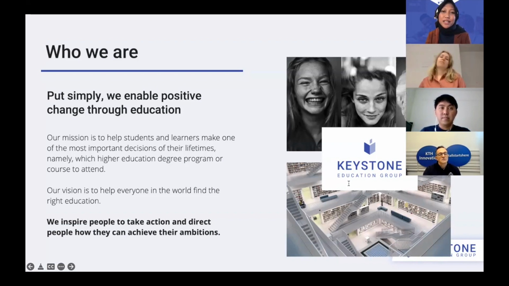We believe that studying a degree abroad can provide students endless opportunities to experience diverse cultures, increase their international skill set, and cultivate a whole new perspective on the world. That's why we want to inspire people to take action and show them how they can achieve their ambitions.